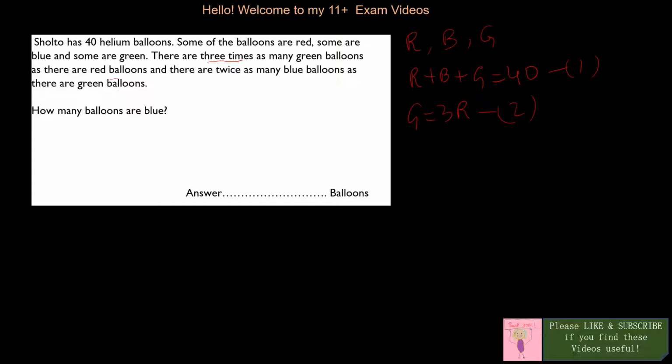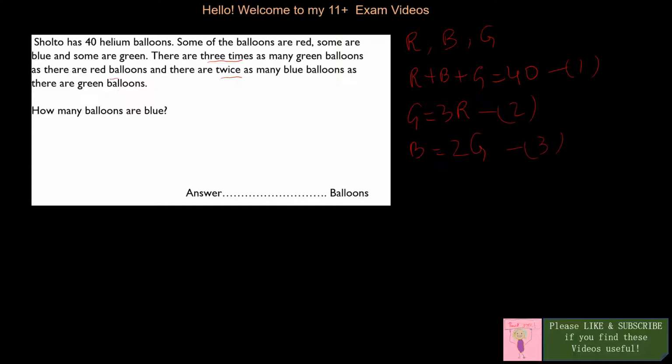Next they're saying there are twice as many blue balloons as there are green balloons. So blue is twice green. That is my third equation.